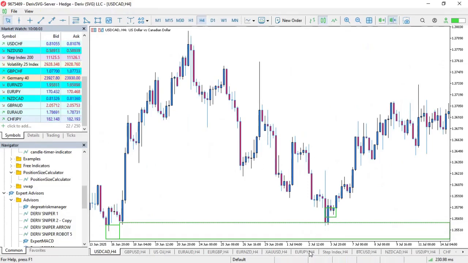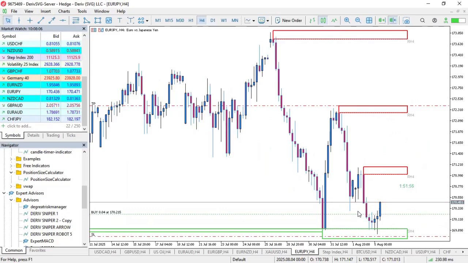Now, let's look at this trade I took on Euro JPY right now. It is a buy trade. Why did I take this buy trade? Because we have an area of what? Support. And then because I was able to see that candlestick confirmation that came on this zone, that was why I took my trade. First of all, we have an area of support.